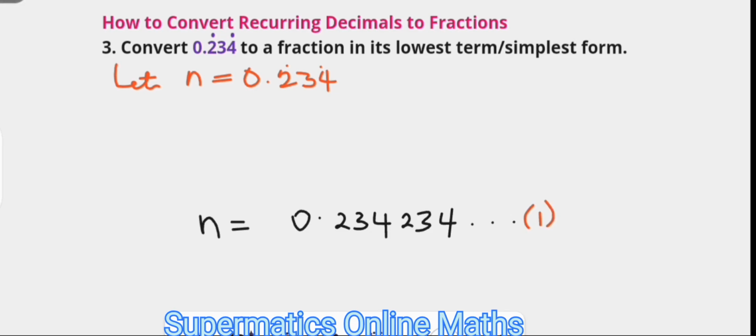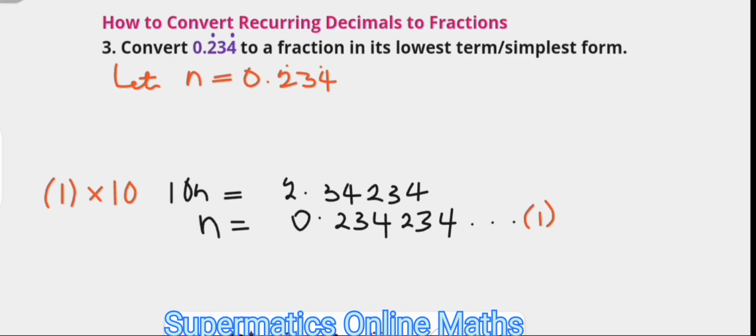Then we multiply by 10. And that gives 10n to be equal to 2.34 just like that for equation 2.